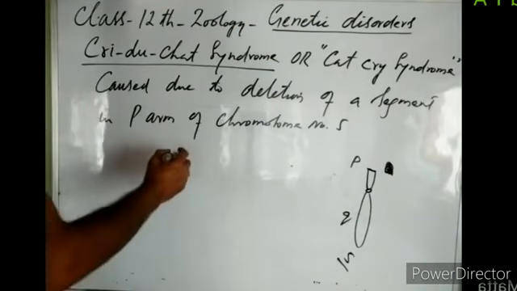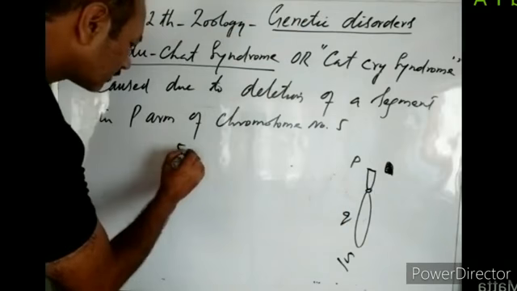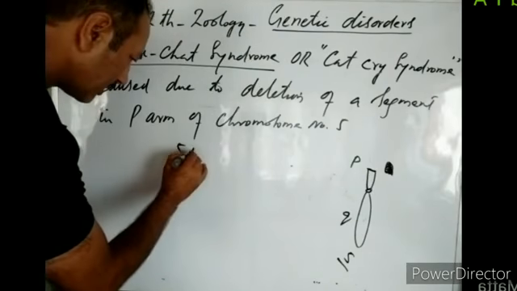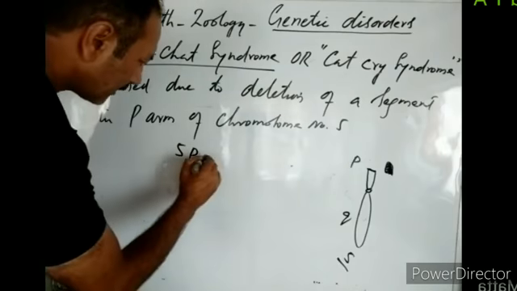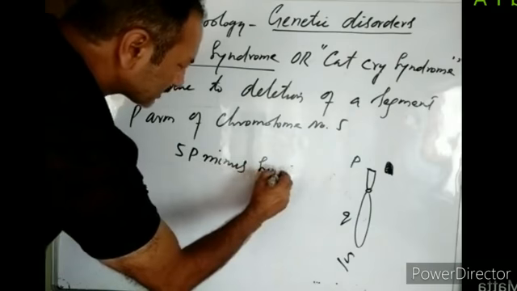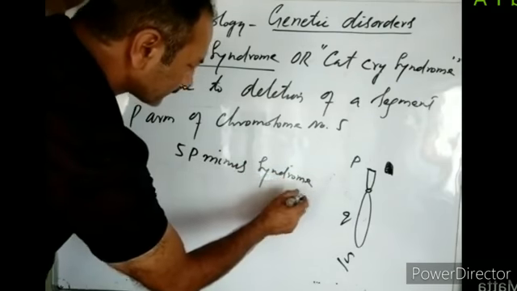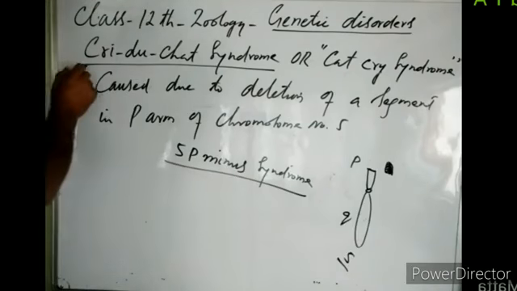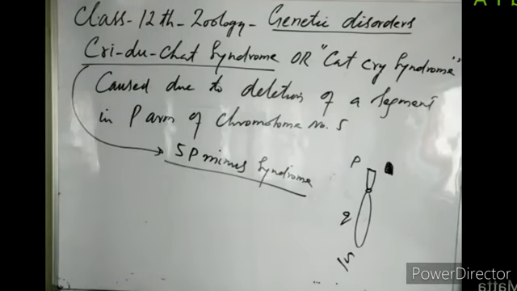This is known as 5P minus. 5 is the chromosome number, P is the P arm, and minus indicates the deletion. So we also call cri-du-chat or cat cry syndrome 5P minus syndrome.